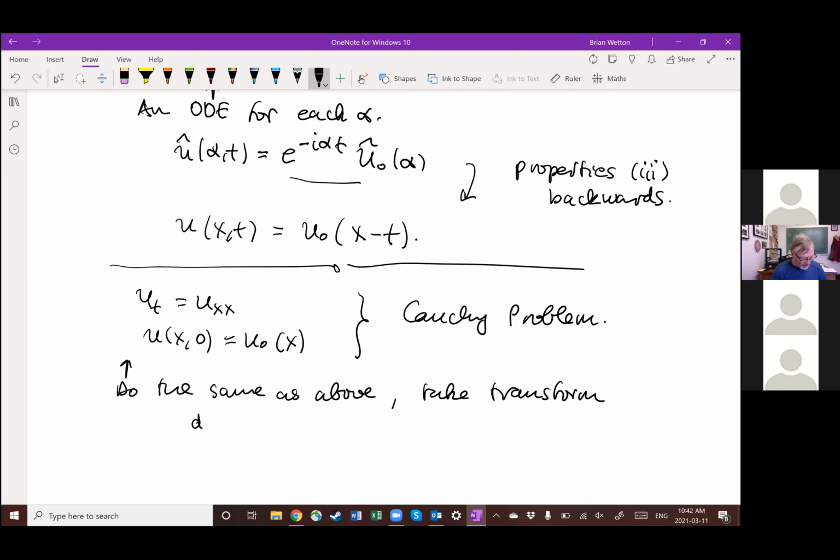So I'm going to get d u hat dt is minus alpha squared u hat. And you notice now I'm just putting an ordinary derivative, not a partial derivative, because I know that the Fourier transform is going to turn this into a family of ODEs. So for each alpha, there's no other variable in here.